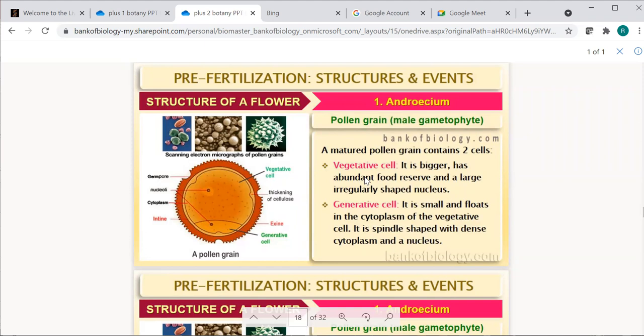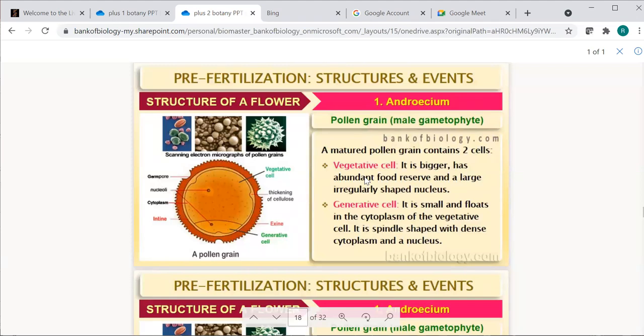A matured pollen grain will have 2 cells, that is vegetative and generative. Vegetative is very big and has abundant food reserve, and it makes pollen tube which will further have 2 generative cells.